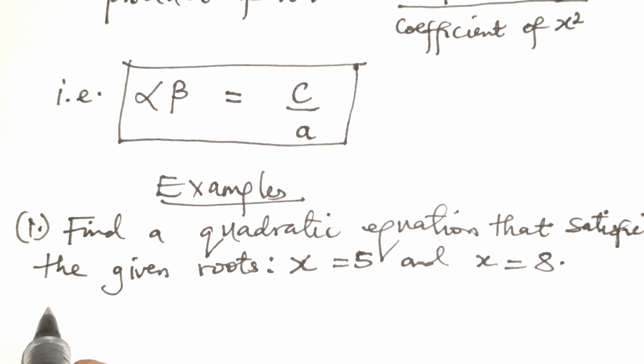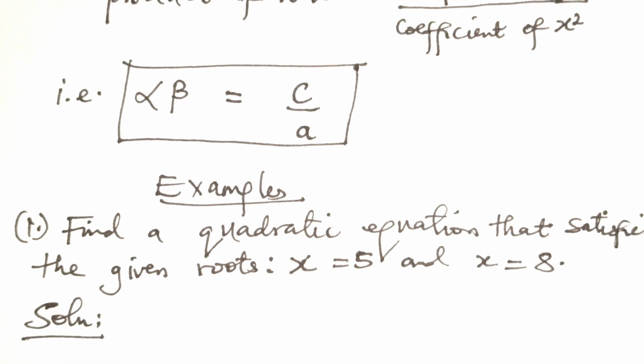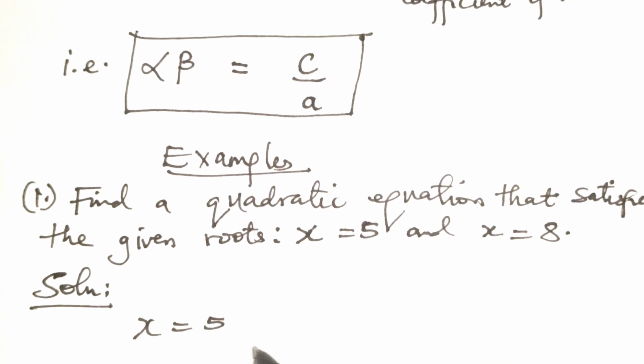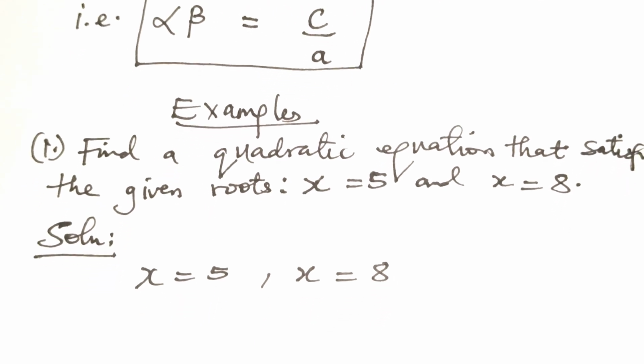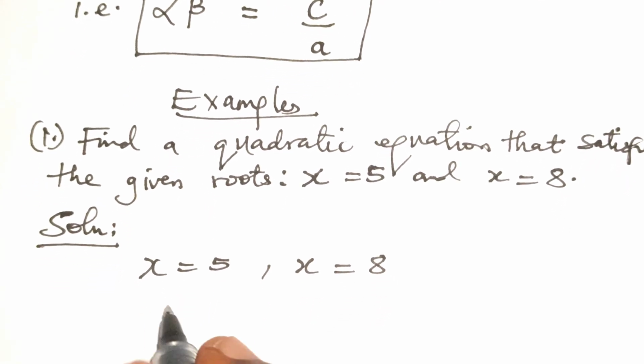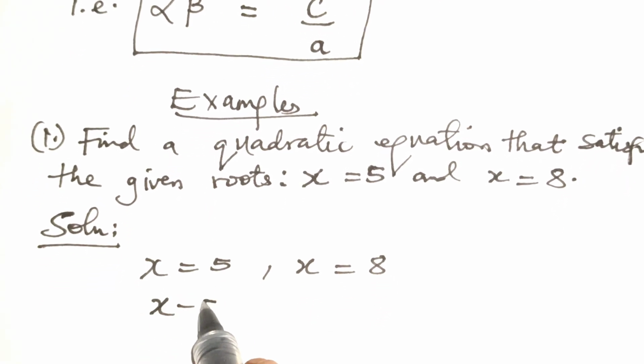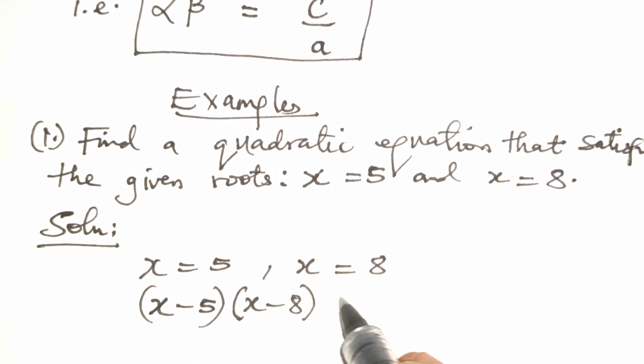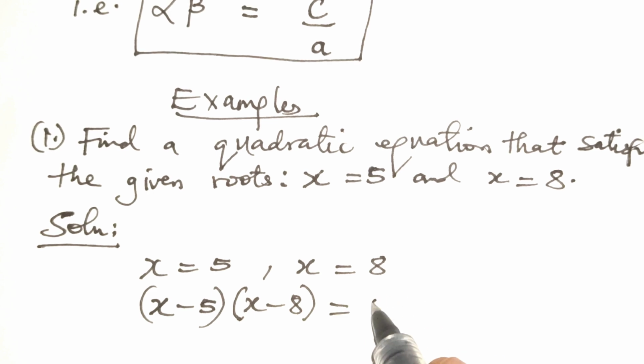Solution. We are given x is 5 and also x is 8. So this implies that x minus 5 and x minus 8 are factors of the equation.